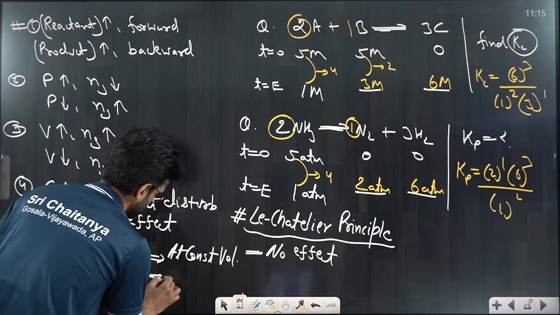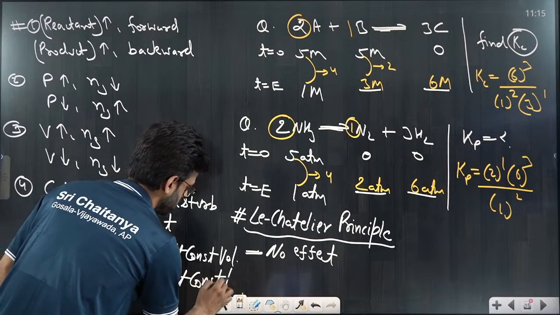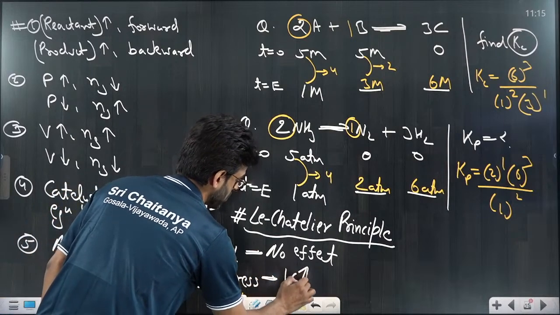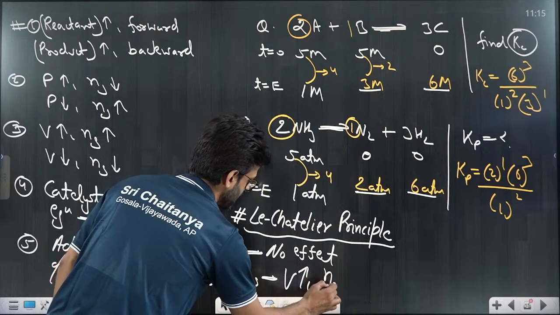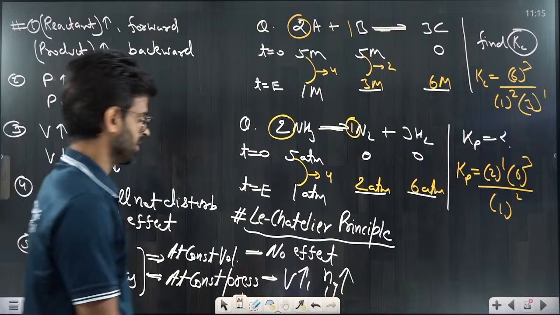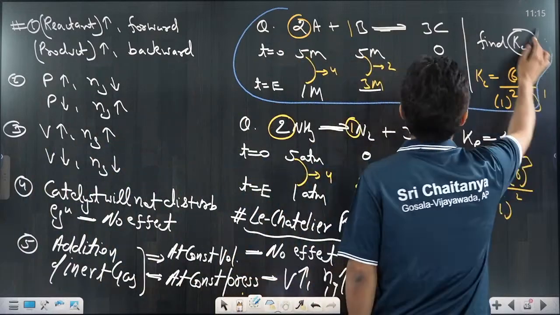But if you add inert gas at constant pressure, in such a scenario we have to increase the volume to keep pressure constant, and that's why reaction goes where gas moles are more, right? So this way you can see some factors.